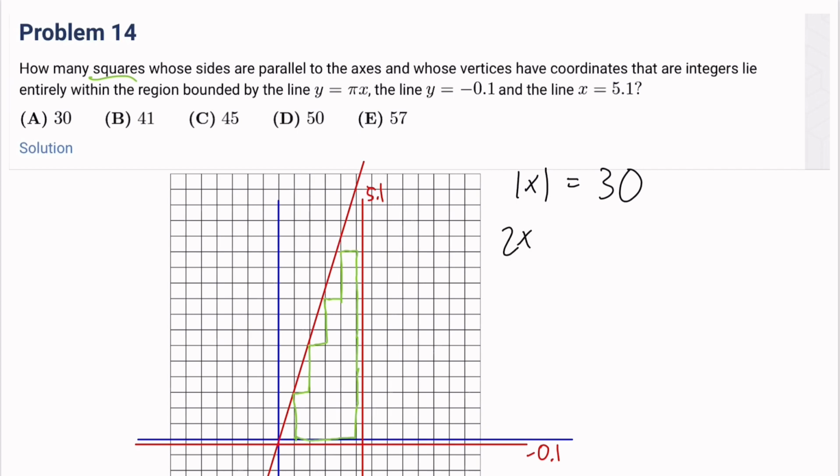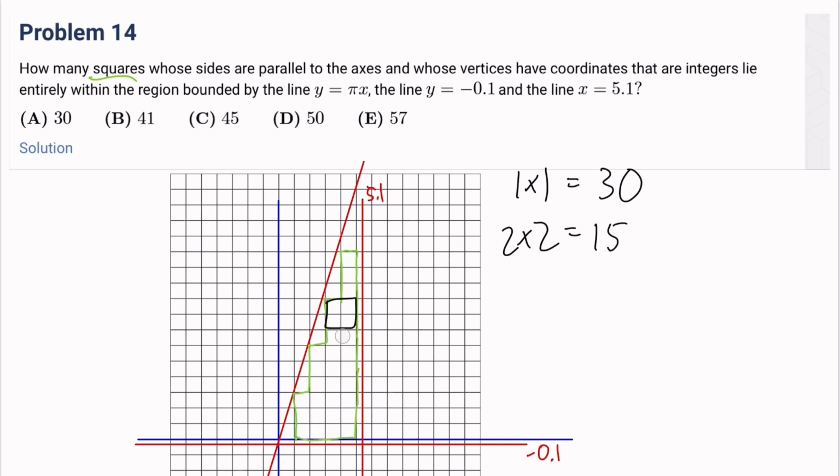And for our 2 by 2 squares, we have 1, 2 here, and then we have 3, 4, 5, 6, 7, 8, and 9, 10, 11, 12, 13, 14, 15. We have 15 2 by 2s in total.